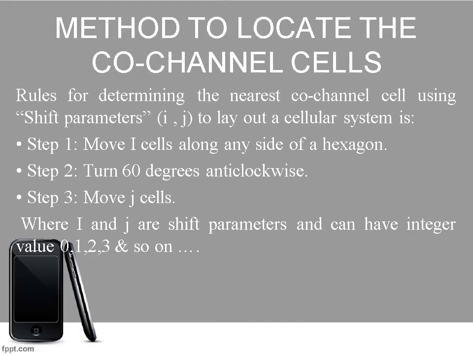Then second step is turn 60 degrees anti-clockwise. Then step 3 is move j number of cells, where i and j are shift parameters and can have integer values of 0, 1, 2, 3 and so on.